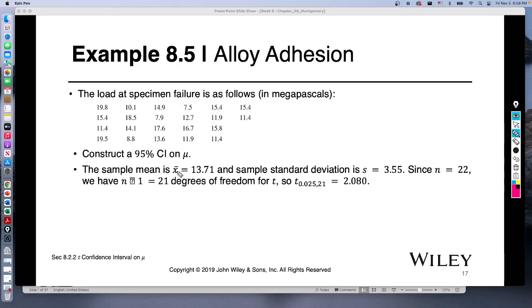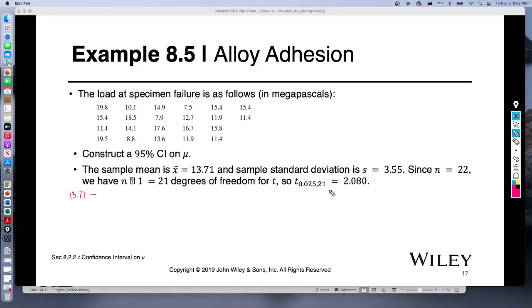So what we've got is x bar. Anyway, we'll try this. 13.71 is our sample mean.